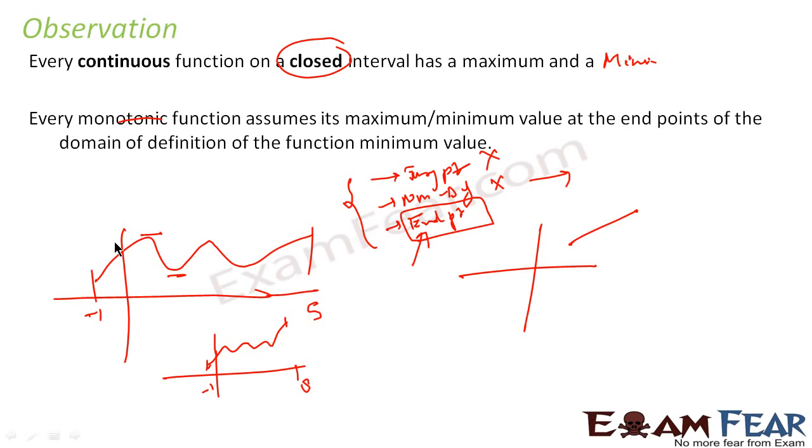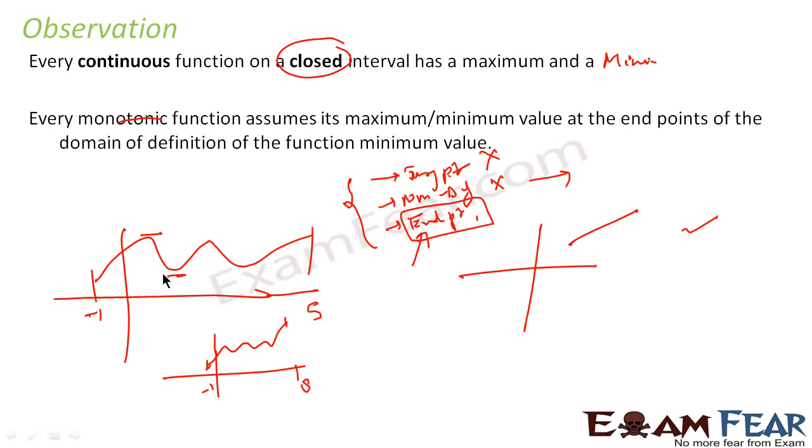So for any function, it will have maxima and minima at either end points, turning points, or non-differentiable points. Just understand or learn this, because that is the critical part here.